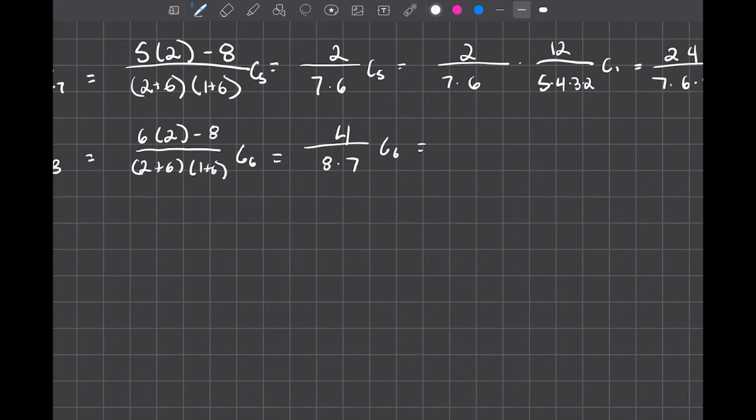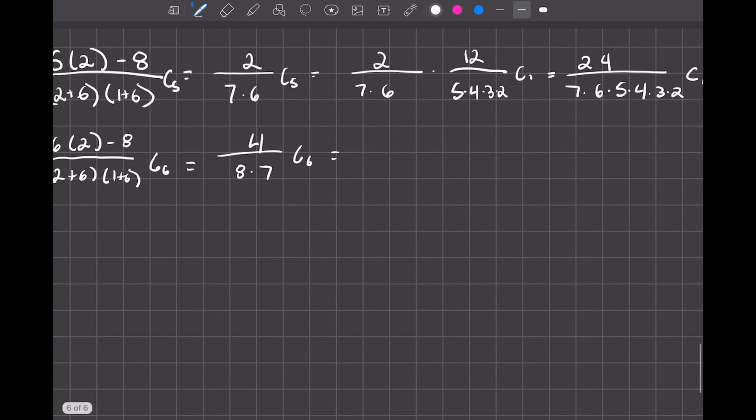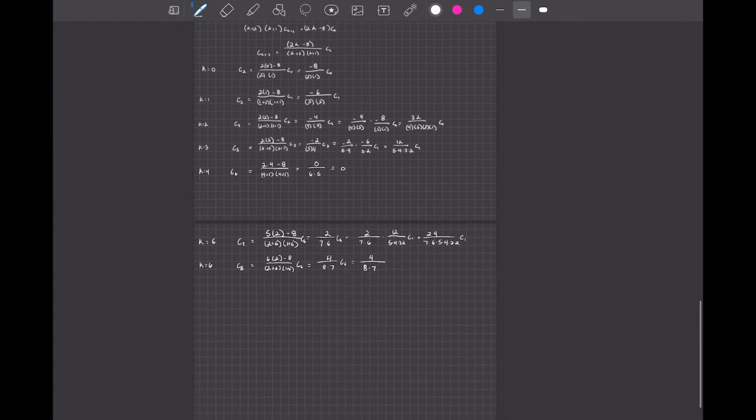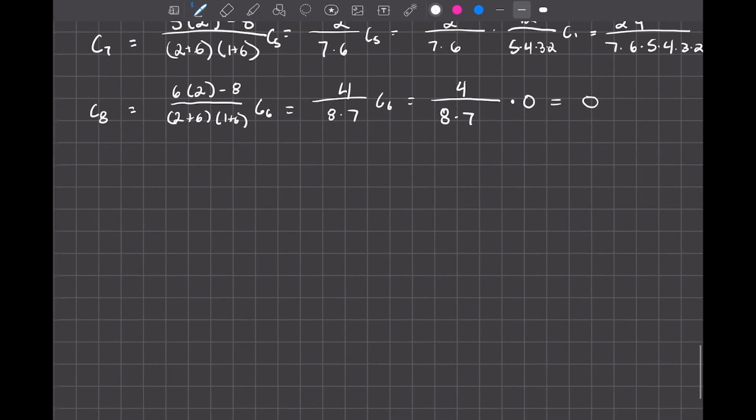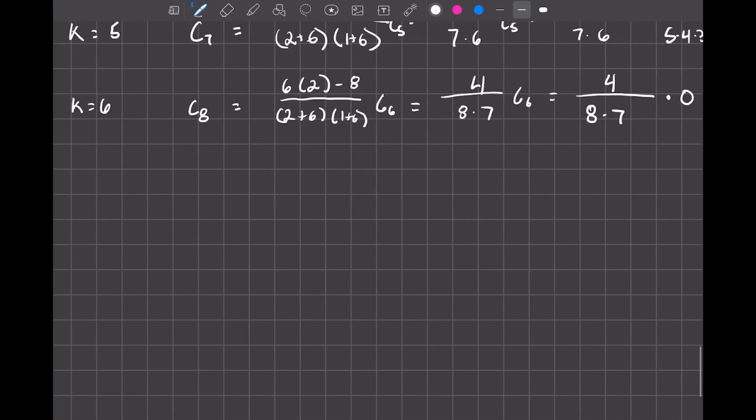So right here, we'll plug in C sub 6, but C sub 6 is 0, so it'll be what we have times 0, which will equal 0 again. K equals 7 will be normal, so just plug in some numbers.